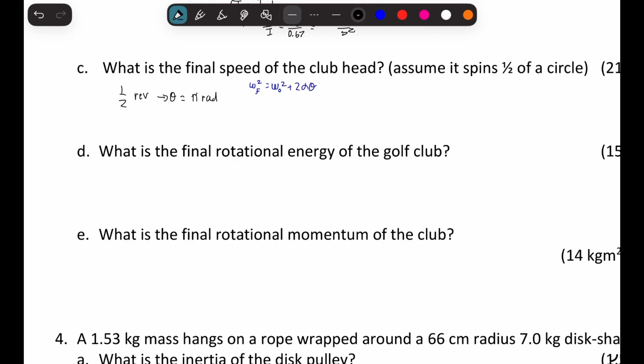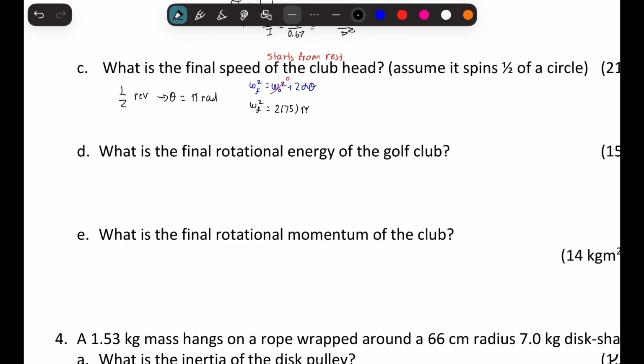We know that it starts from rest, so initially it has no velocity, and omega initial is equal to 0. So omega final squared is equal to 2 times 75 times pi.